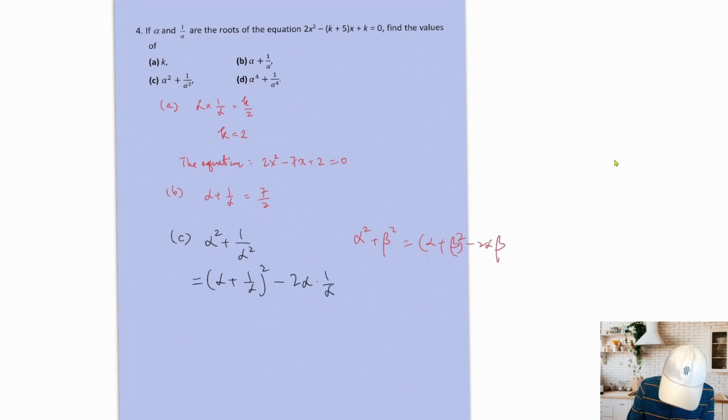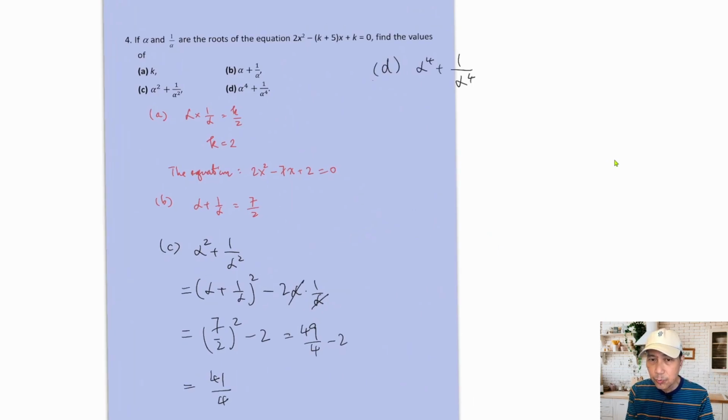You need to imagine 1 over alpha is beta. The first bracket we can substitute 7 over 2, and cancel the alpha. So we have 49 over 4 minus 2, giving the answer 41 over 4.